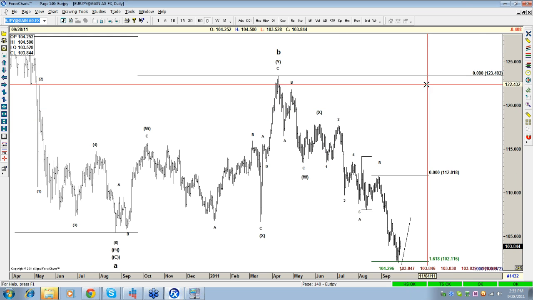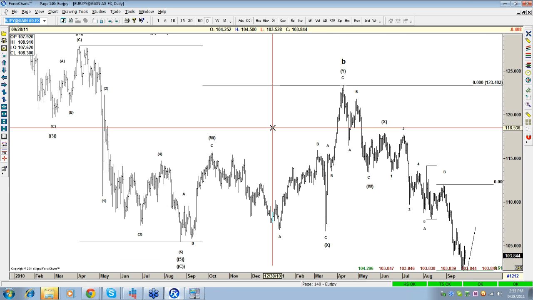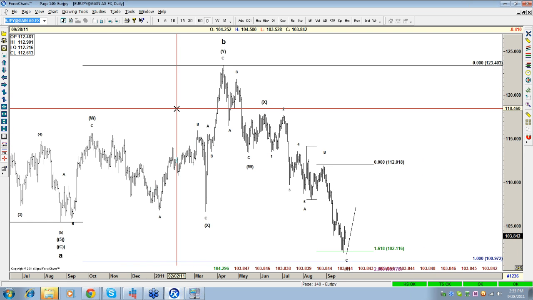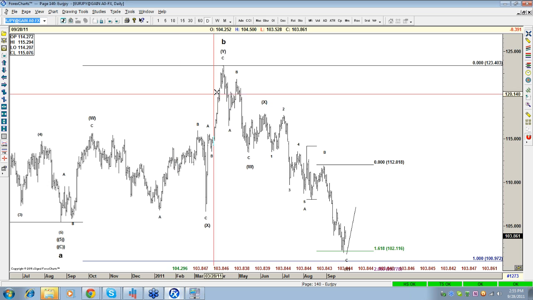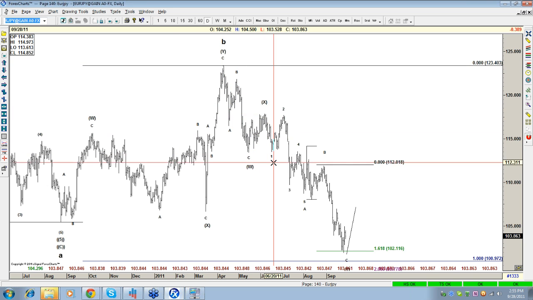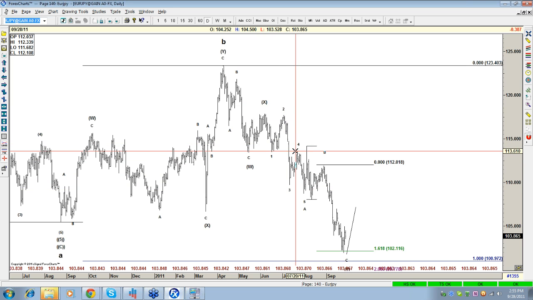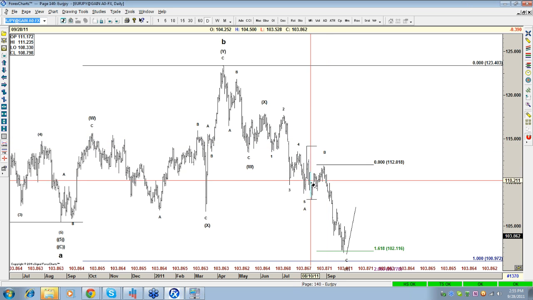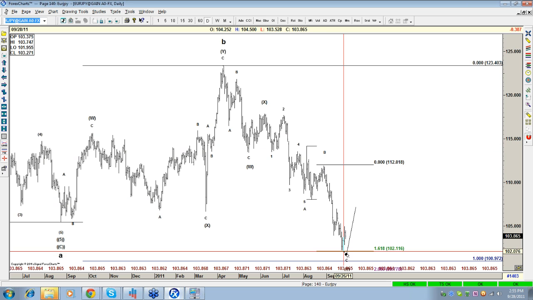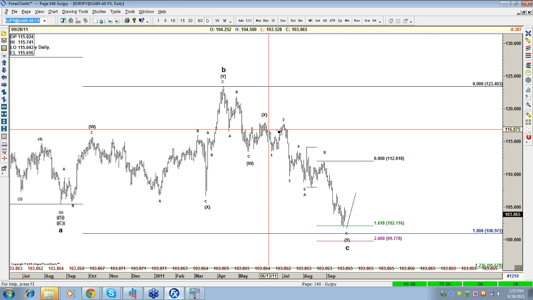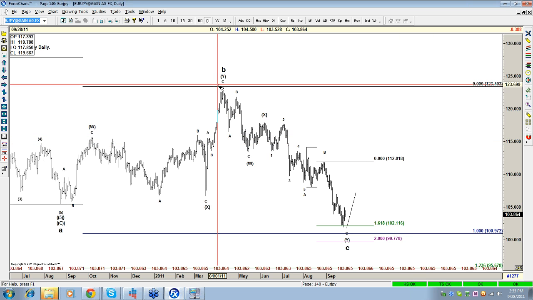On the daily, coming from here, you went down, coming from here, the way I look at it is 1, 2, 3, possible 4, 5, 6, 7, 8, 9, 10, 11 wave is what I have.